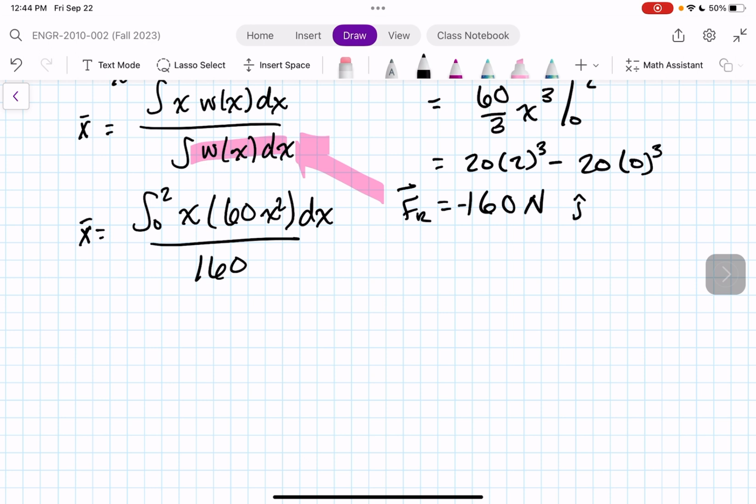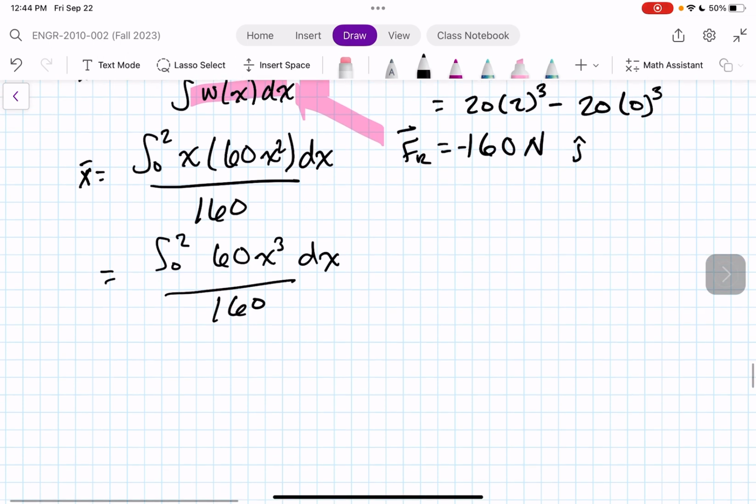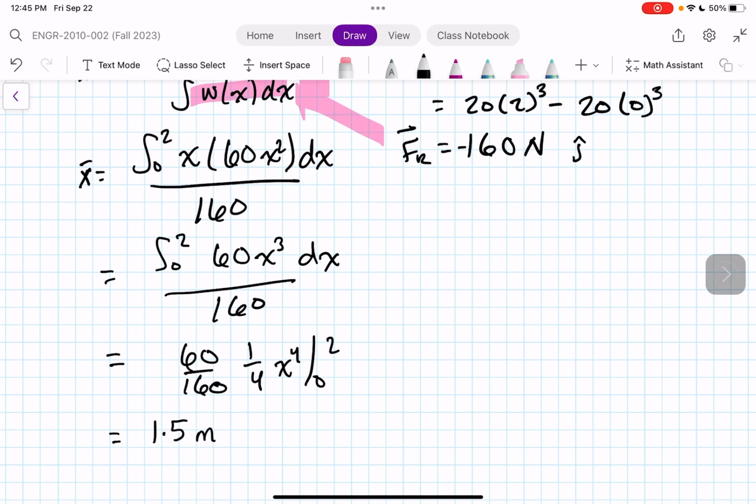Simplifying, we get the integral from 0 to 2 of 60 x cubed dx divided by 160. Integrating, we get 60 over 160 times 1 over 4, x to the power 4, from 0 to 2, and when you calculate all this, it ends up being 1.5 meters.